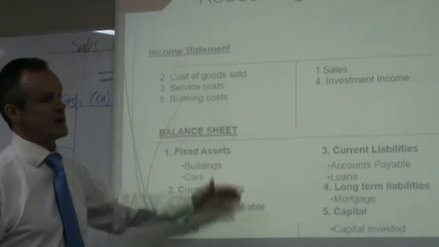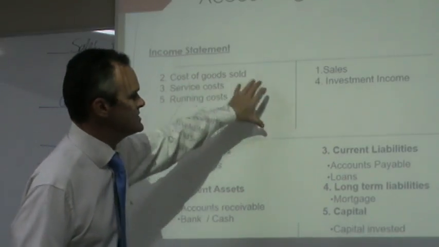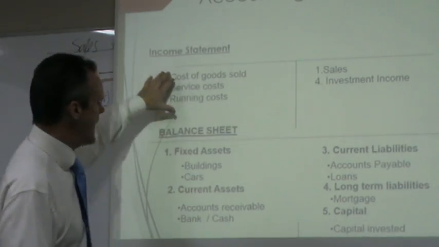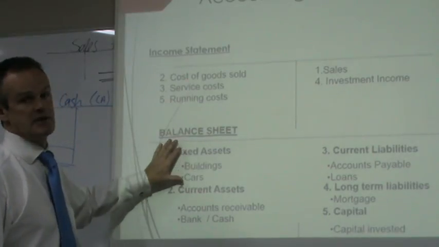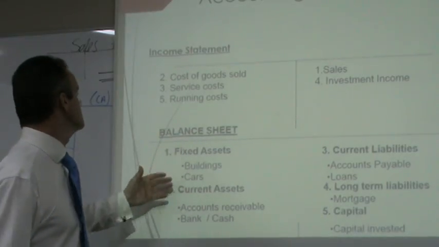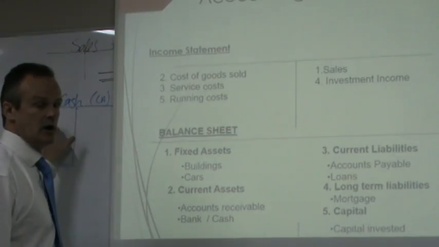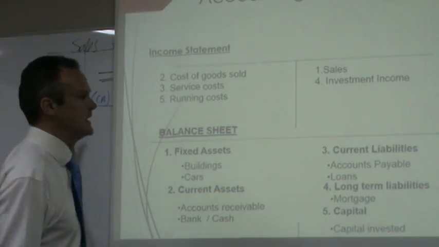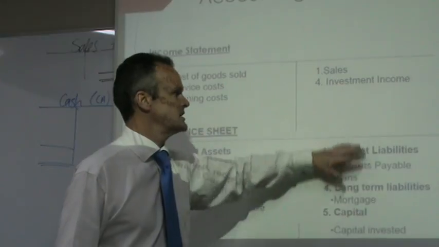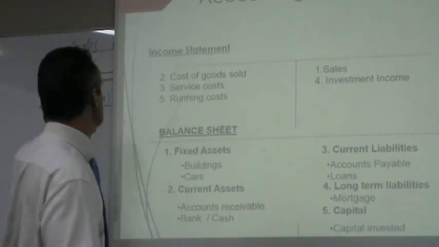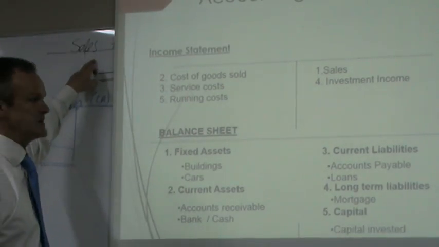And the quick answer to that is, using this kind of template, anything that is on the left-hand side or the debit side will be accounted for on the left-hand side or the debit side. Anything on the right-hand side or the credit side will be accounted for on the right-hand side or the credit side.